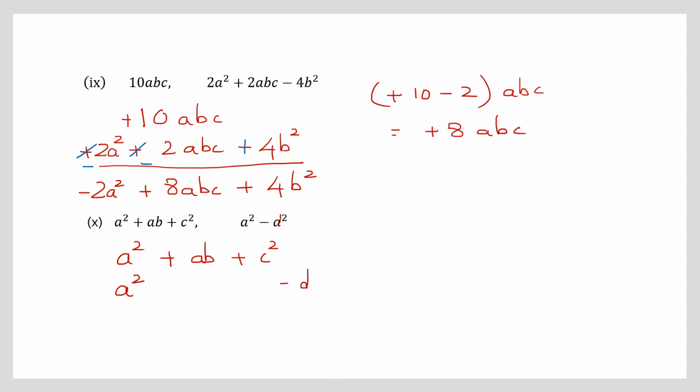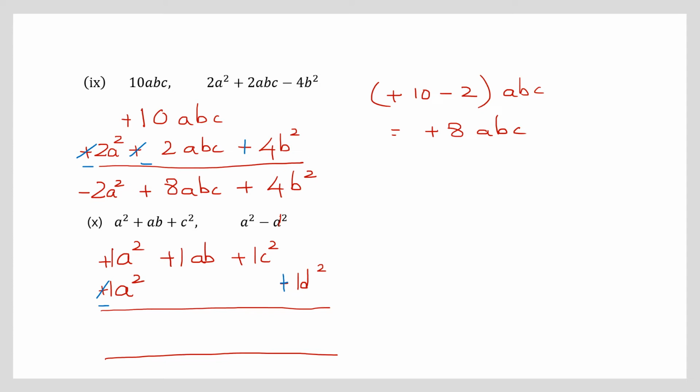Minus d square, right? Now, let's first put all the signs and numbers plus 1. Here there's 1 and there's 1 here and 1 here. Now let's change the signs of the second column. Plus becomes minus and here minus becomes plus. So this is plus.